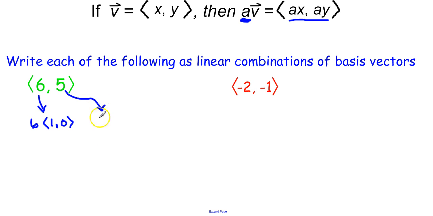I can do the same thing for the y component of this thing. So my scalar here would be 5. I will multiply it by the basis vector 0, 1.